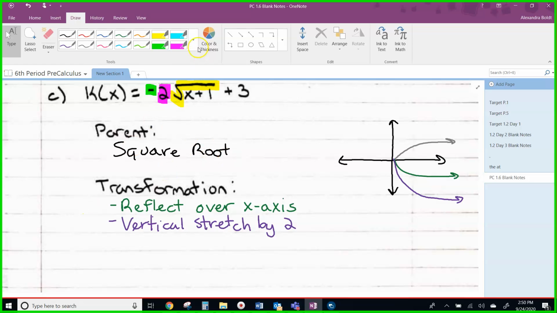What's the next thing that's happening? Well, I have this plus 1. That plus 1 is inside, so something's happening, again, horizontally. So I'm going to flip it. So it's shift left 1.